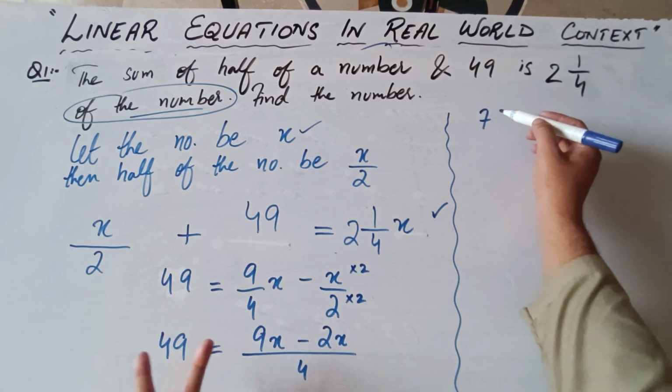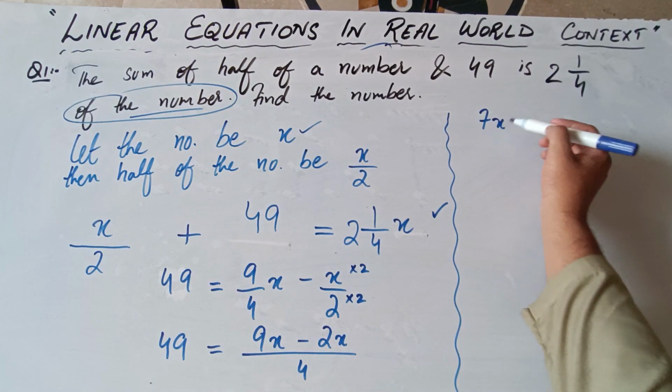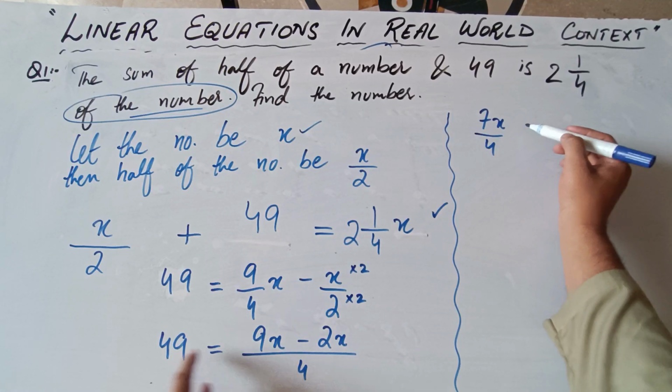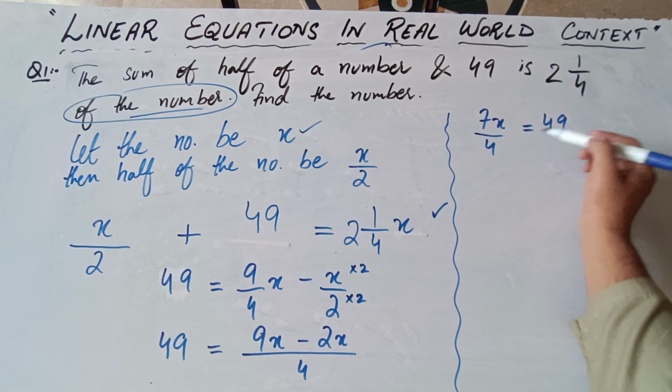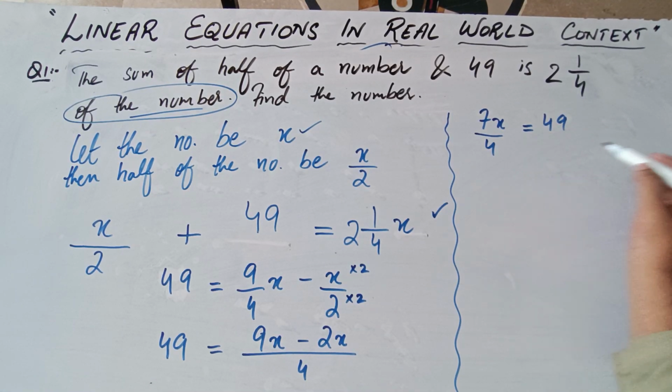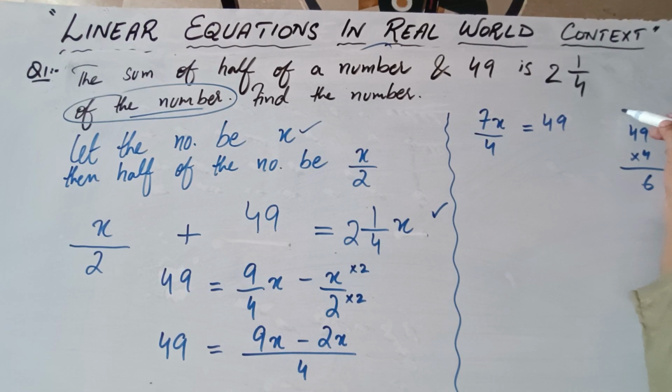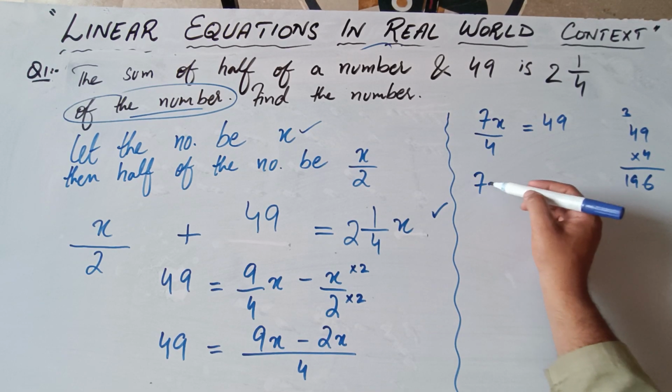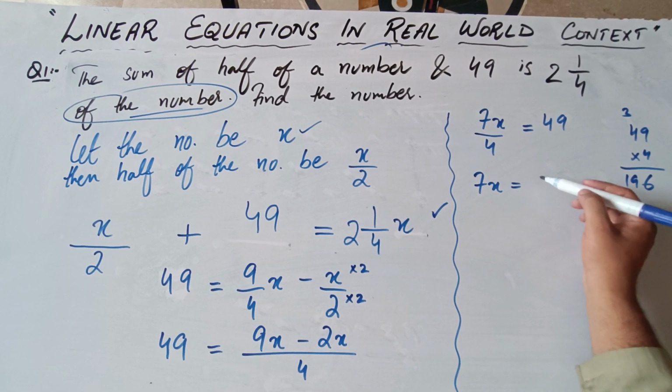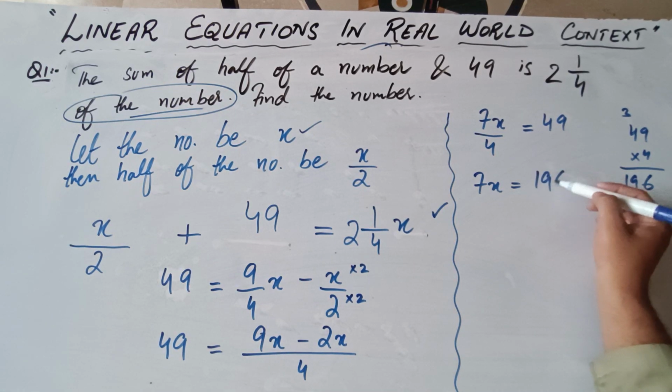Now we can flip this side like this. So 7x upon 4 is equal to 49. Now this 4 will go over there and multiply by 49. 49 times 4: 4 9s are 36, 4 4s are 16, plus 3 is 19, so 196. x is equal to 196.